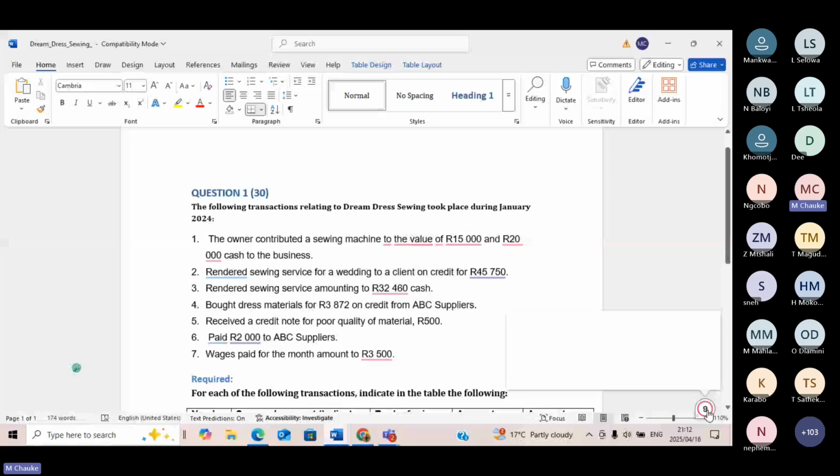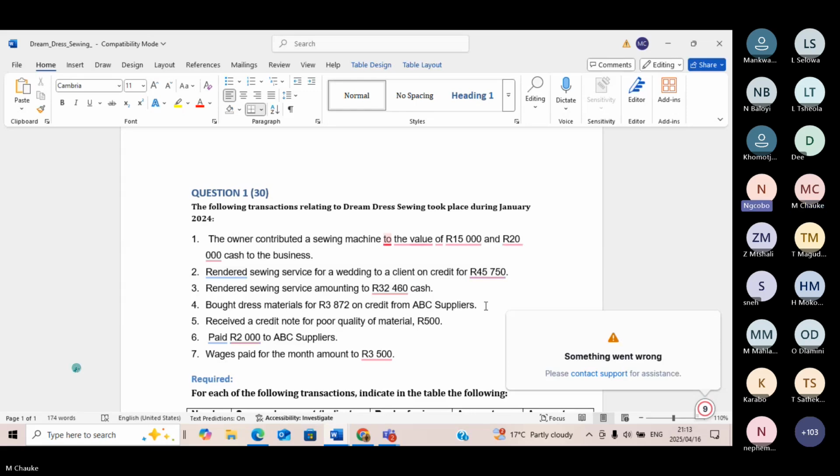Whenever the owner is contributing a machine, equipment, a vehicle or any other resource, just know that it is going to be capital. So we have three accounts affected: machine, capital, because the owner has made a contribution of a machine, and cash, which is bank.